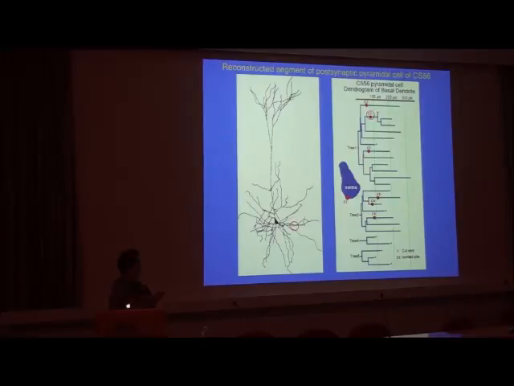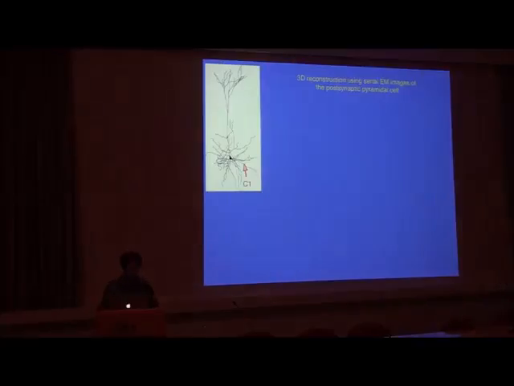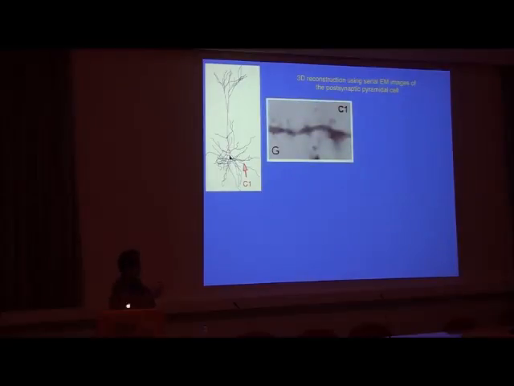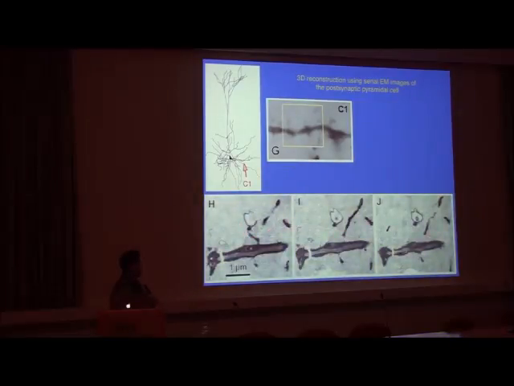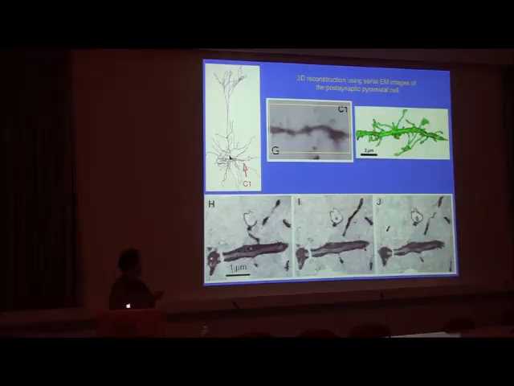For instance, this is C1, the segment named C1 is shown here, and here, and we capture the image like this micrograph, and then we did EM serial sections, and they are serial sections showing really this part. With this serial electron micrograph, we did 3D reconstructions, and the image is like this, and it's quite the same, right?